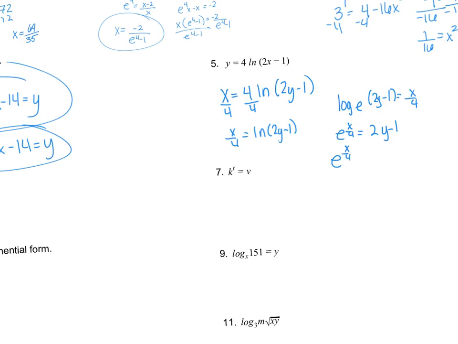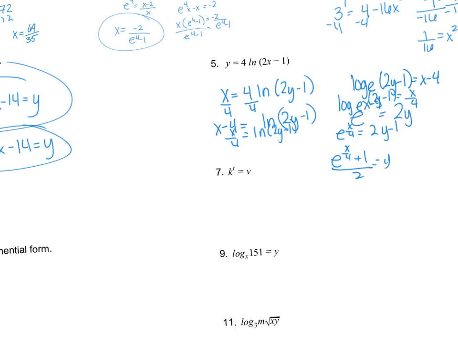E to the x over 4 plus 1 over 2 equals y. 2y minus 1 equals x minus 4. E to the x minus 4 equals 2y minus 1. E to the x minus 4 plus 1 equals 2y.